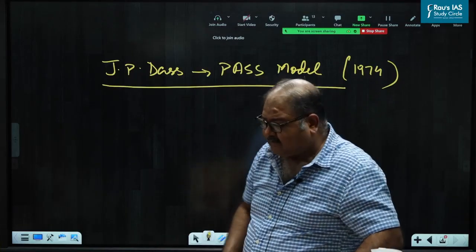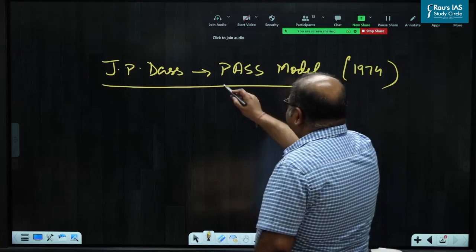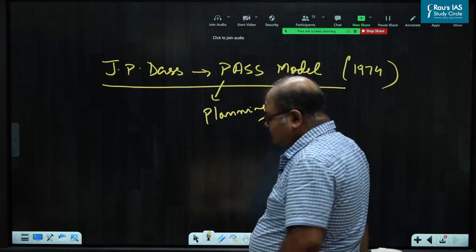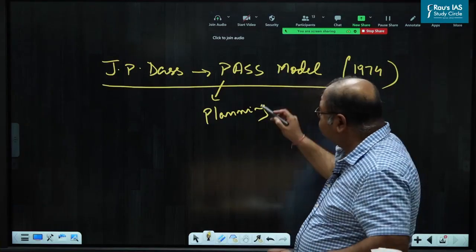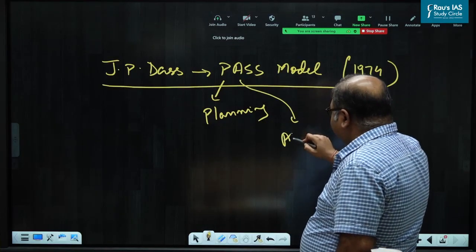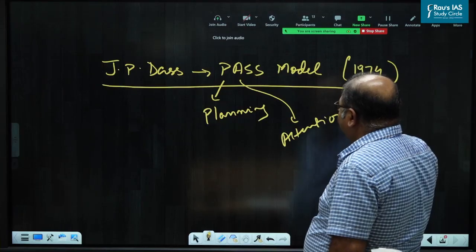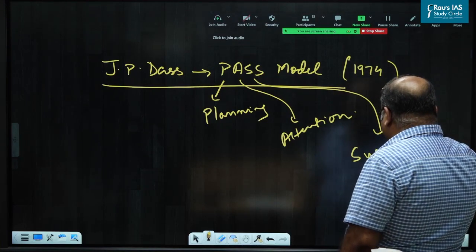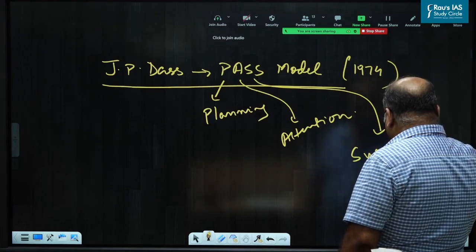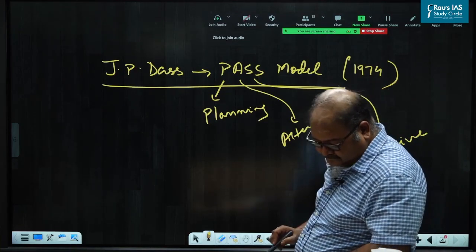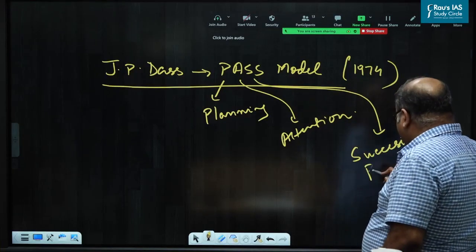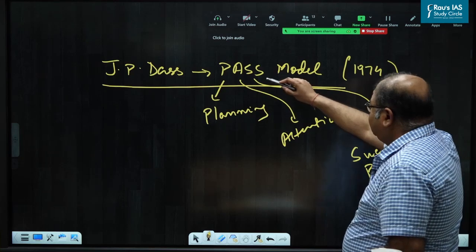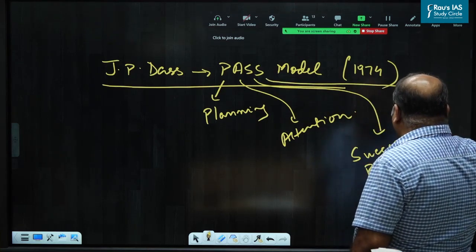Where P stands for planning, A for attention, S for successive processing, and the other S for simultaneous processing.